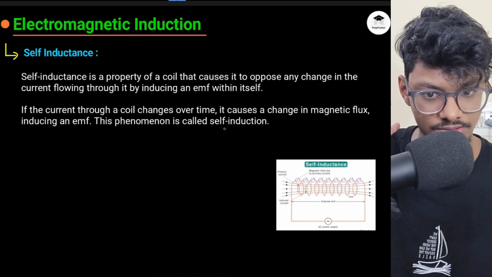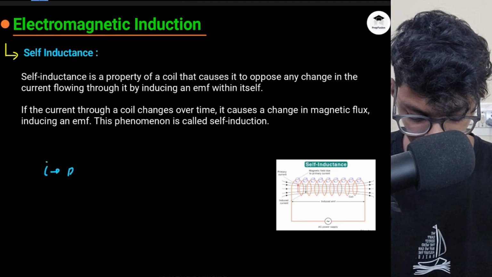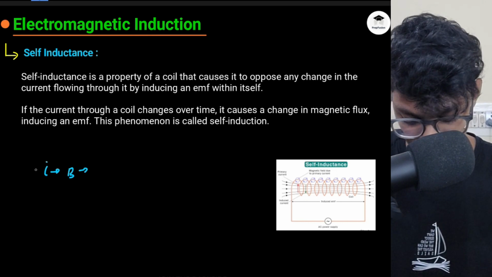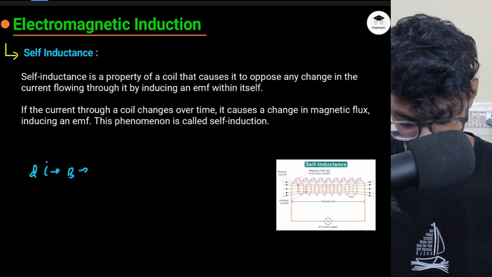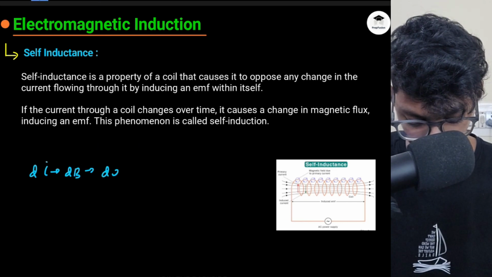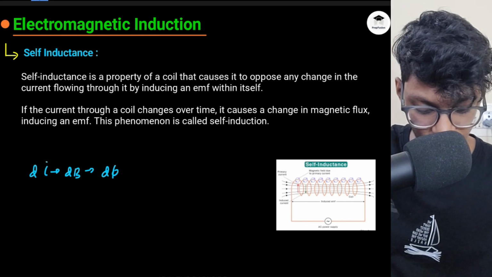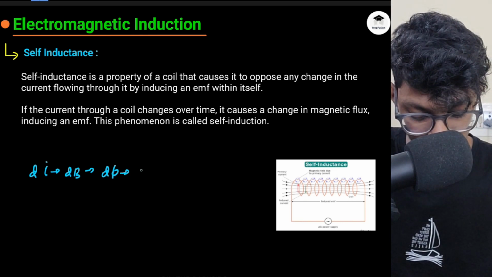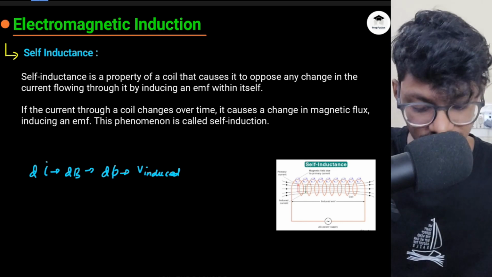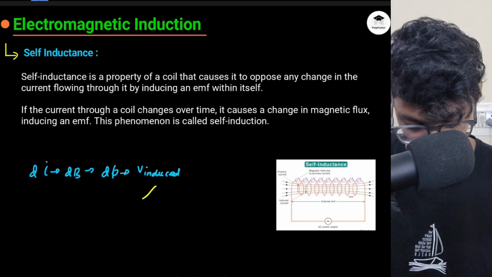That's why self-induction. So I have a current I, due to which a magnetic field gets generated, and if the current is changing, there is a di, and there will be a dB, and due to that dB there will be a d phi. Due to the d phi on the coil itself, as the flux is cutting the coil, a voltage V induced will be generated, and it will oppose the change in current.